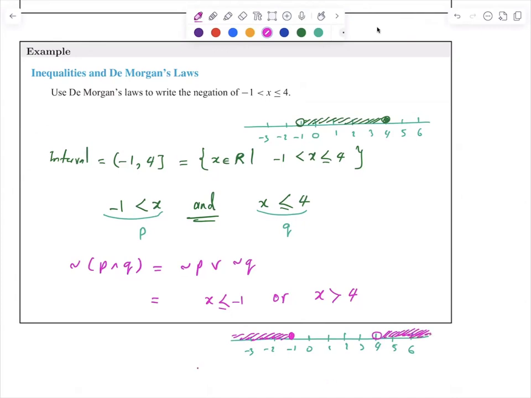This is the union of negative infinity to -1, and 4 to positive infinity, as we write these in interval notation and visualize them on the number line. So as you can see, and is now converted into or.